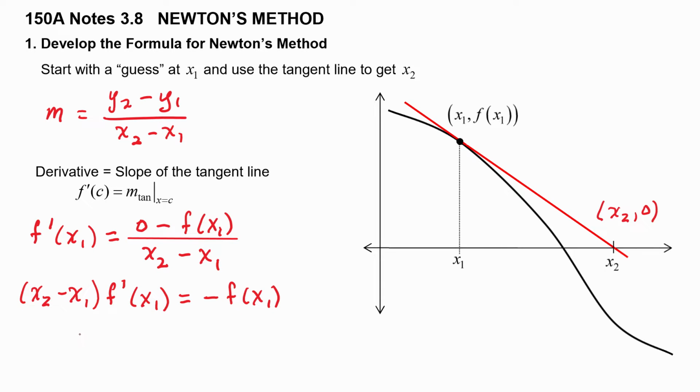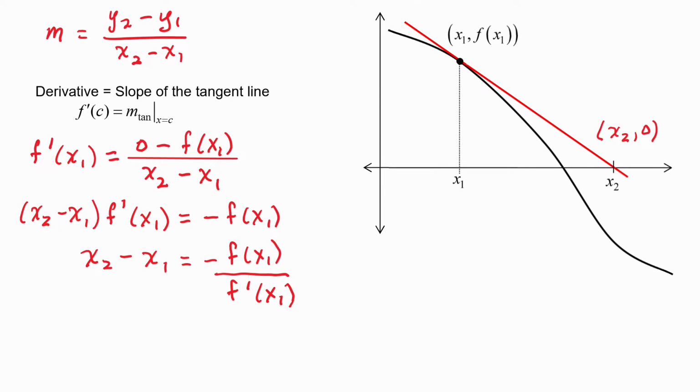So now we have that x2 minus x1 is equal to negative f of x1 over f prime of x1. Now all we have to do is add x1 to both sides, and we have that x2 is equal to x1 minus f of x1 over f prime of x1.